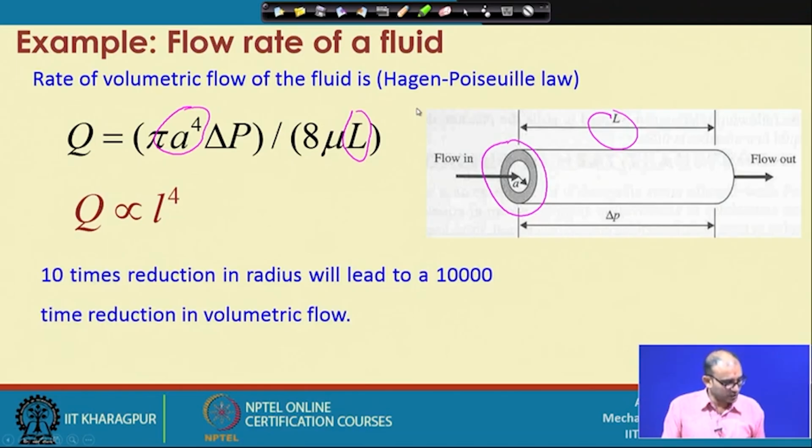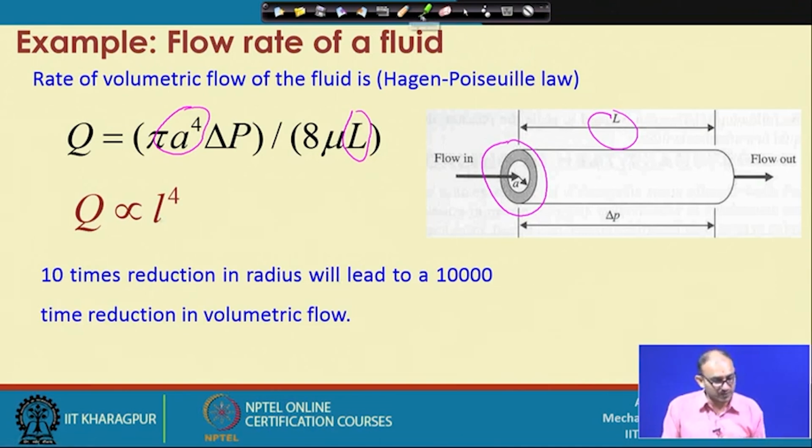Now, what is going to happen? If you reduce the dimension 10 times, that means A is the dimension, if you reduce the diameter or the radius 10 times, then the reduction in the volumetric flow will be 10,000 times, because it is behaving as A raised to 4. Let us keep the length constant.